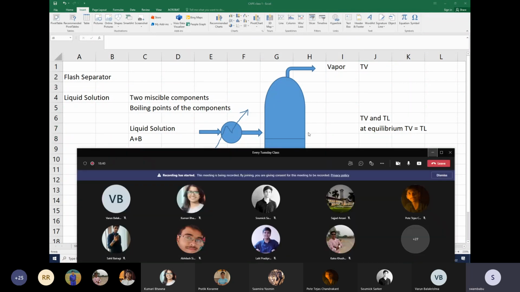Now, how do I find out, if I know TV and TL, will I be able to find out the vapor composition and liquid composition?